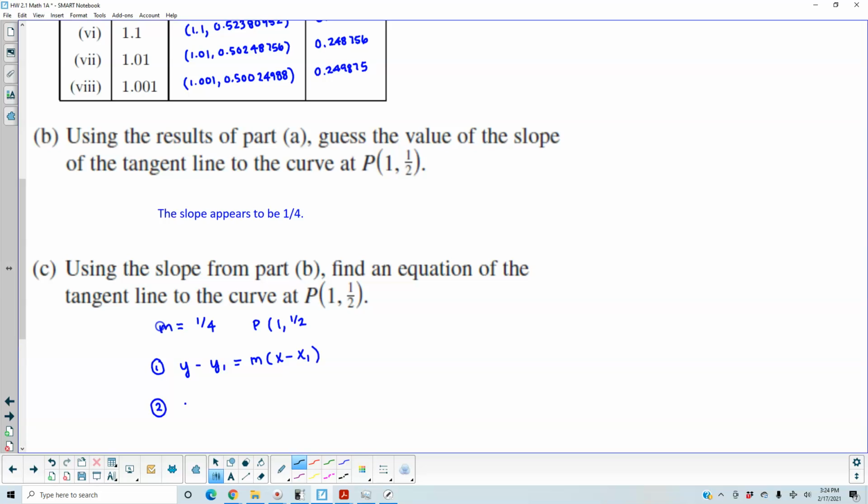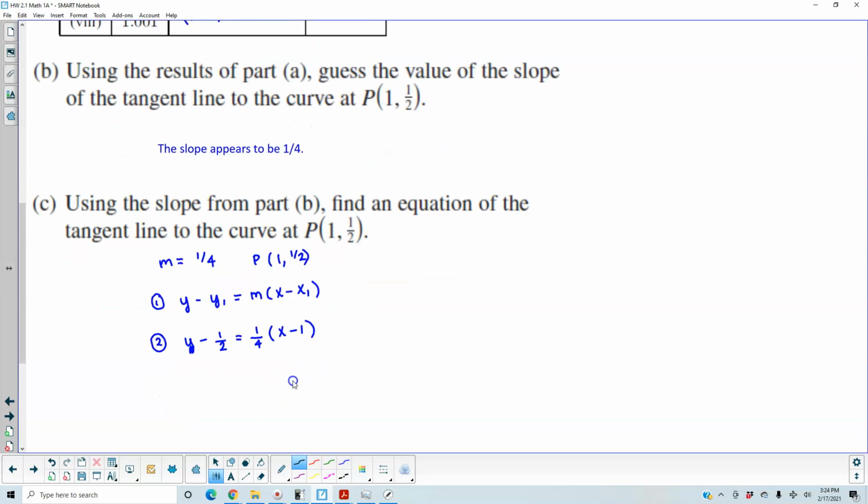Let's plug in our values. We have y minus y1, which is 1/2, equal to the slope, which is 1/4, times x minus 1. So that's point-slope form. And then we can solve for y. We distribute the 1/4 and get 1/4 x minus 1/4.